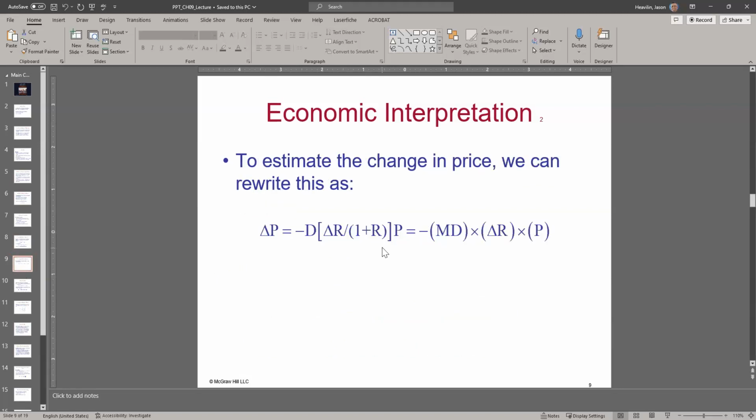Here, all you have to do is multiply by the price so that you can isolate the change in price, which is the number you're interested in. These are just the different ways. You can do it this way if you have just duration, or if you have modified duration, then you just multiply the modified duration. Don't forget that negative times the change in rate times the price, and it'll give you the change in price, which is what we're ultimately trying to find. How much is the price going to change?